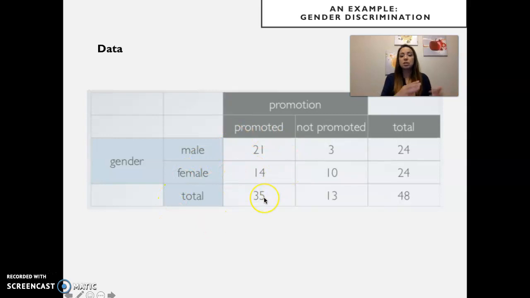So there is a difference here of 7. 7, of course, makes sense in the context of this particular data set, but it's always nice to put numbers in context. Because what if the totals here were different? A difference in 7 may or may not be meaningful. So it's always nice to look at the data in context.